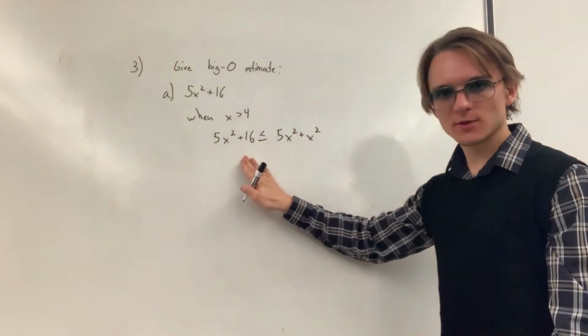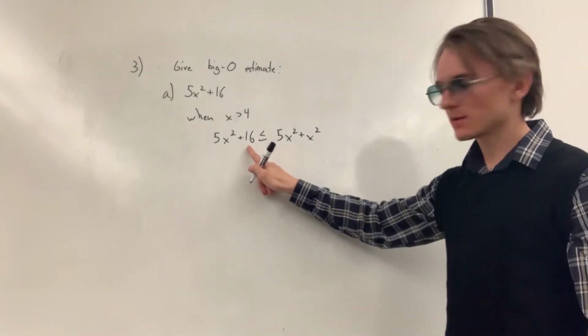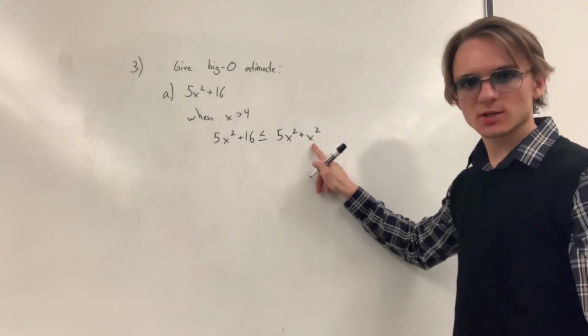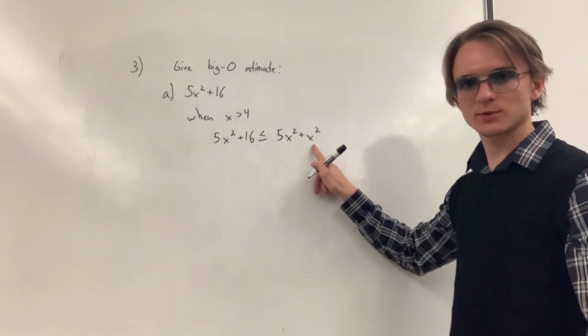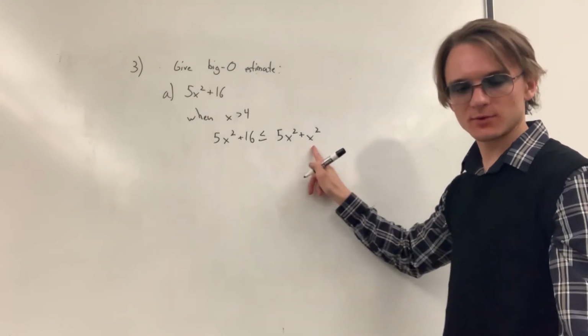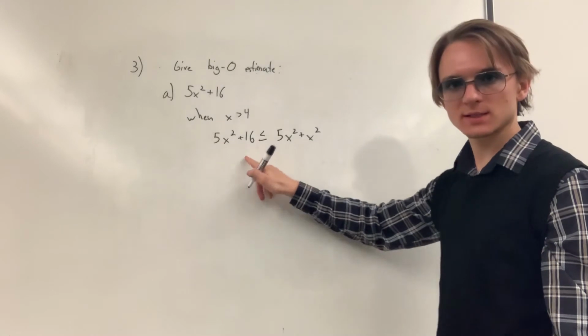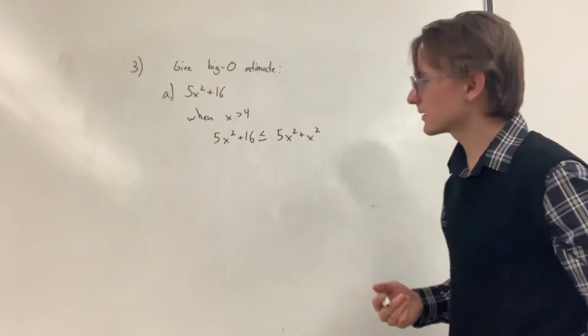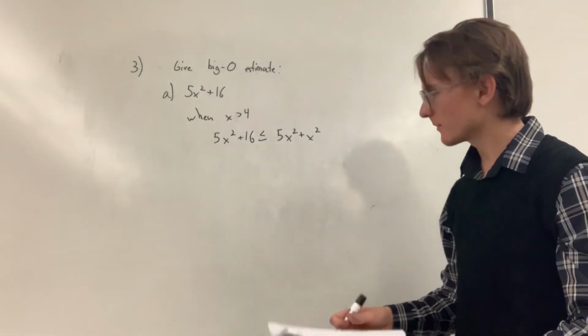We increase the growth rate of one of the elements, the 16, to match the growth rate of 5x squared, so we essentially turn the 16 into x squared. And obviously this holds true because x squared grows more quickly than 16, that being a constant. So we know that this holds true when x is greater than 4.